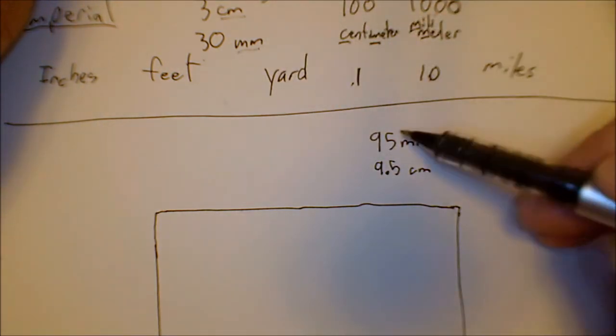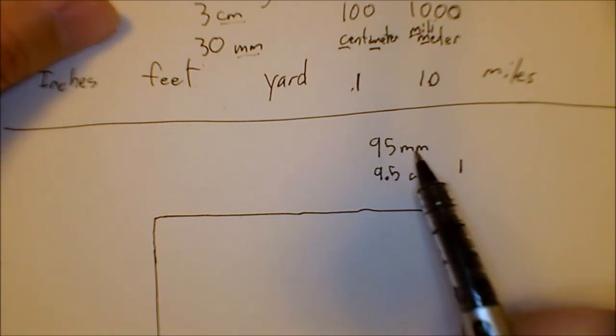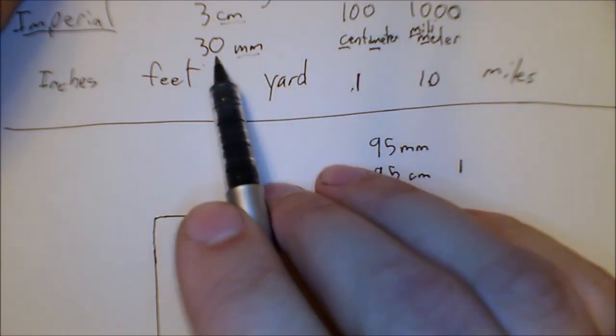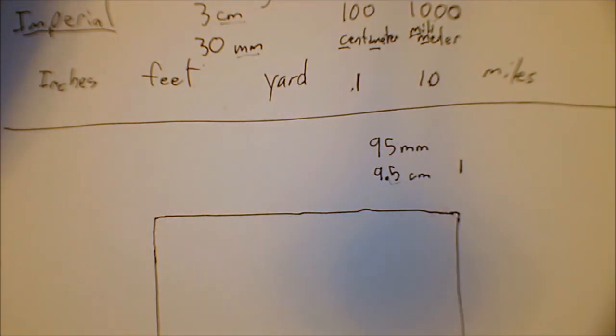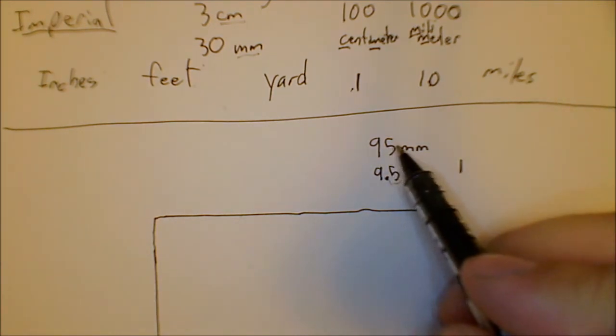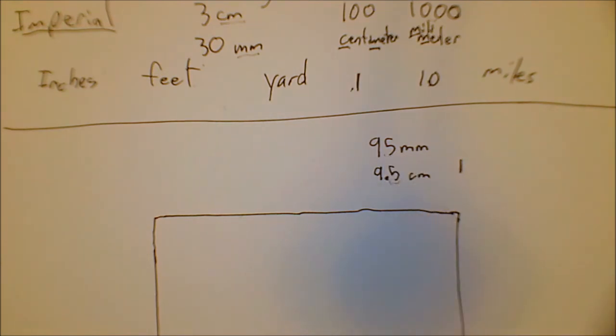Well, because we have this extra number here, it's not 90 millimeters, it's 95 millimeters. We are not actually moving 0, we're moving a decimal. So we're taking our 95 and we're actually just moving a decimal point in the middle to make it 9.5. So that is how you convert 95 millimeters into 9.5 centimeters.